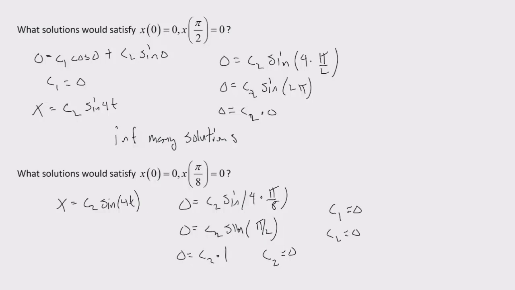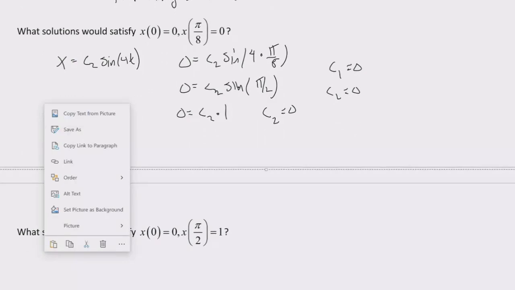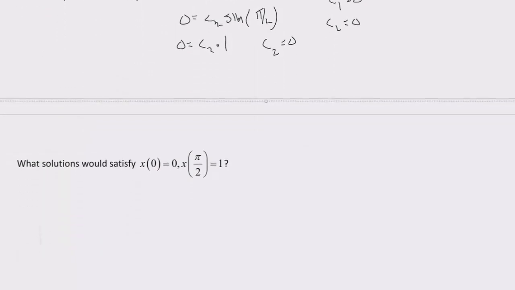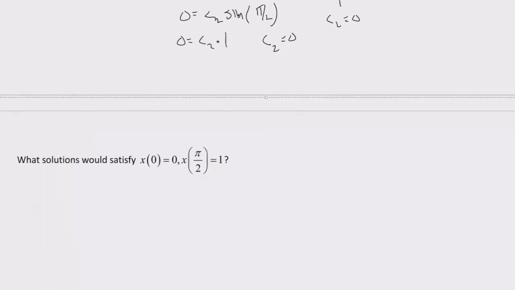Okay, so what about the third case? That initial boundary condition still tells us that x is equal to c2 sine of 4t, and then 1 equals c2 sine of 4 times pi over 2.